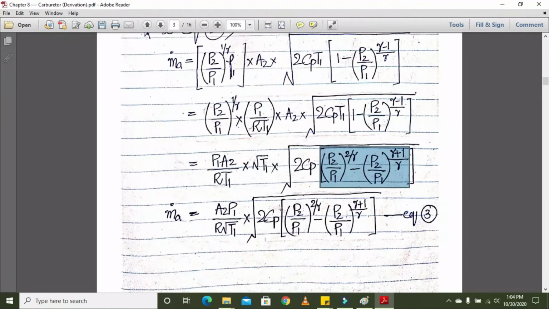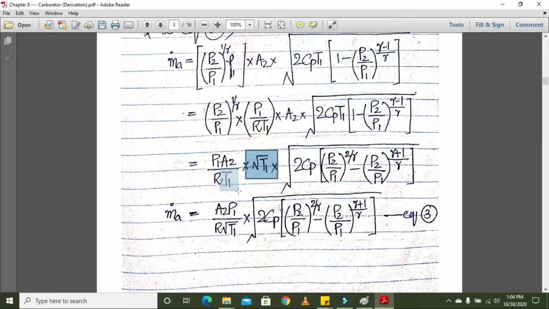So another thing which we need to understand here is about this temperature. The temperature which was present inside the square root has now come outside the square root, and I have simply represented it as the square root of T1 because they are being multiplied with each other, and I have simply mentioned it separately.